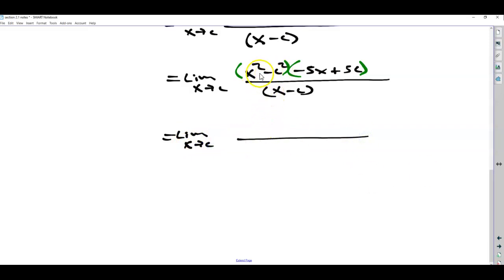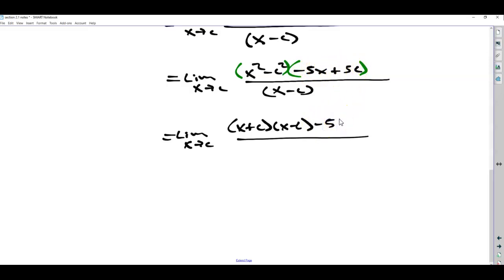So from the first factor, this is actually a difference of squares. Remember, x squared minus 4 would give me x minus 2, x plus 2. Well, this is just the same thing. I get x plus c, x minus c. And then I'm going to pull out a -5 from each one of these. So the negative's going to take away from each of those.